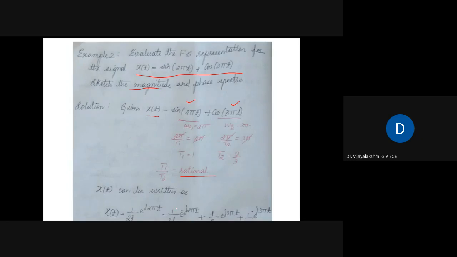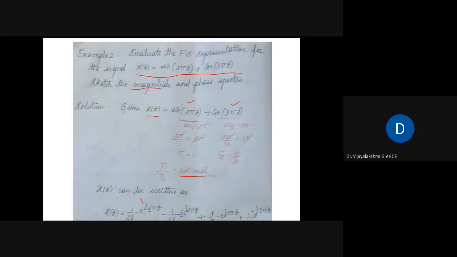Now in the given expression x of t, you can see in the exponential term I have e raised to j 2 pi t, e raised to minus j 2 pi t. Here e raised to j 3 pi t, e raised to minus j 3 pi t.